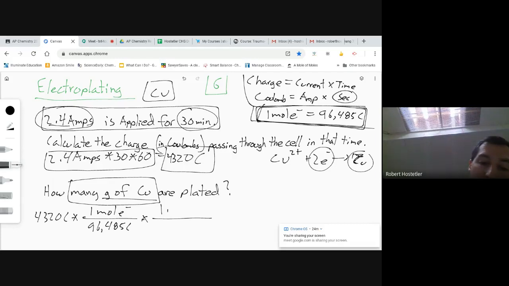So we'll say 1 mole of copper for every 2 moles of electrons. So we got rid of the charge, we got rid of the moles of electrons. Now we're at moles of copper. We just need to turn that into grams of copper using the molar mass of Cu.